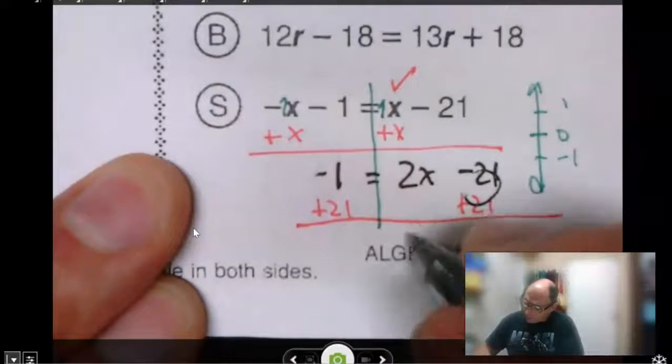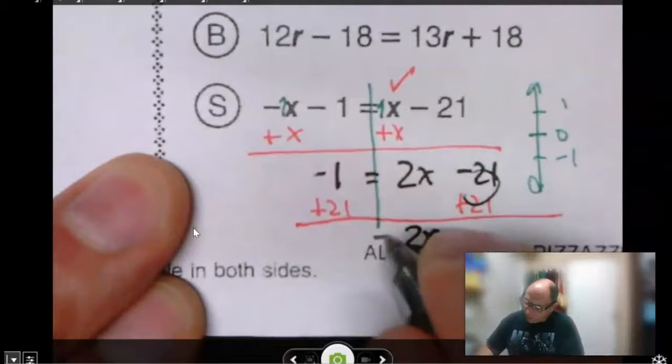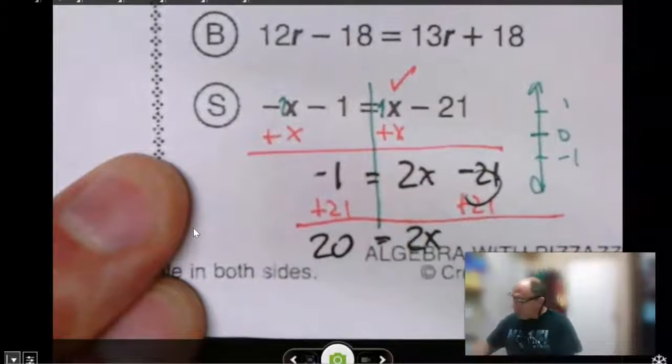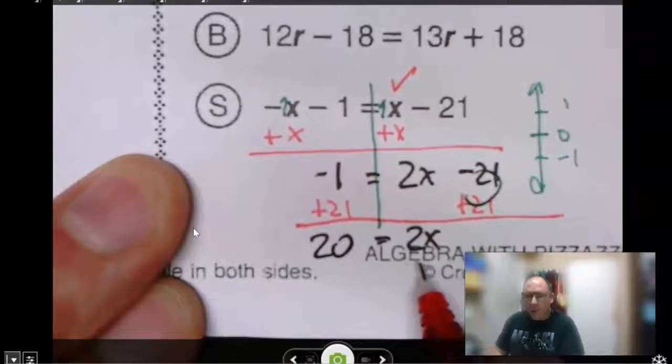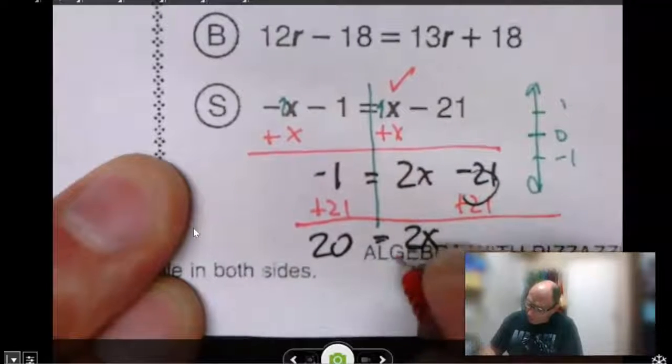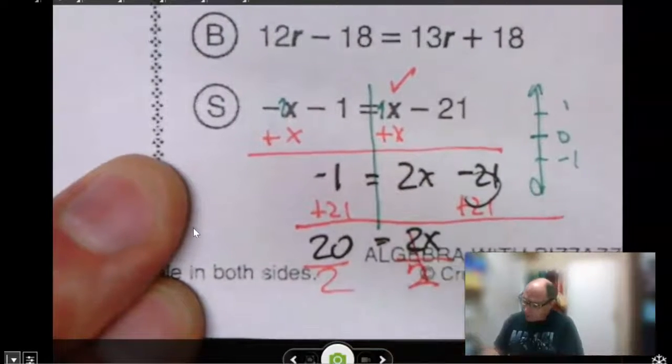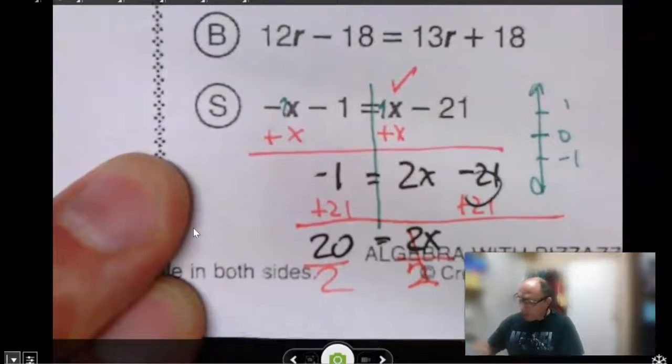This zeroes out, and I get my 2x equal to 20. Get the coefficient, the number in front of a variable, to be a 1 by dividing by 2. Looks like this. And I'll end up with a final answer.